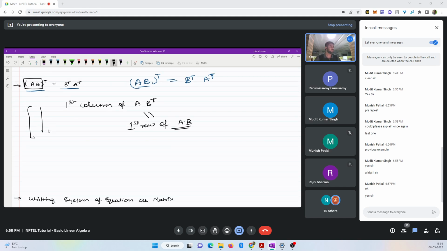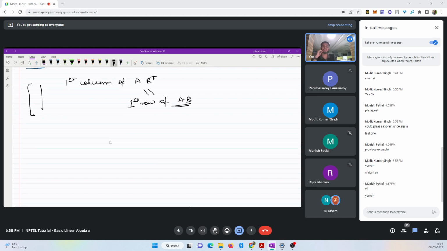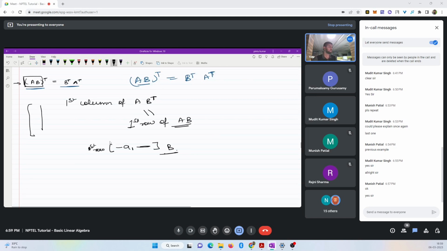Now, how do we obtain the first row of AB? We would take the first row of A and multiply it with B. This is what we would have done.